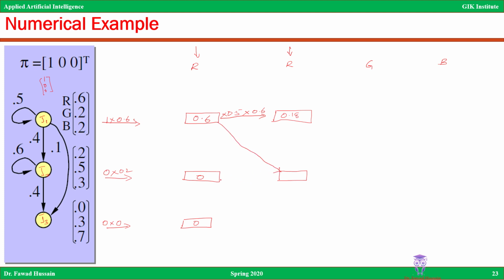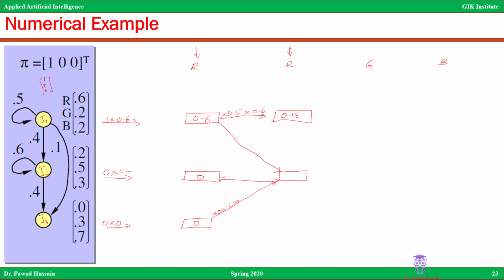In fact, you can't go from jar 3 to jar 1 in this graph, so it's going to be multiplied by 0, and the probability of selecting a red in the second jar is 0.2. So multiplied by 0.2, and this is 0.